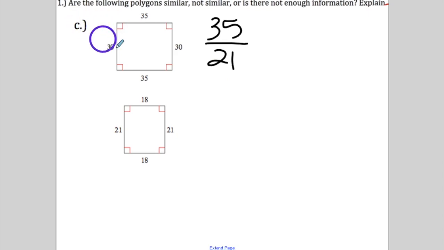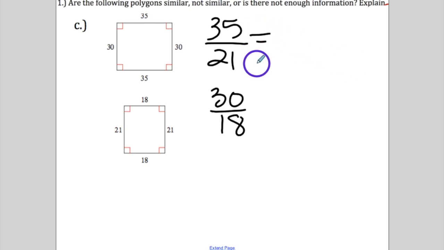And then we're going to match up 30 with 18. And we're going to check to see if these fractions reduce to the same number to make these sides proportional. So 35 and 21, 7 goes into both of those. So 7 would go in 5 times, and 7 would go in 3 times.